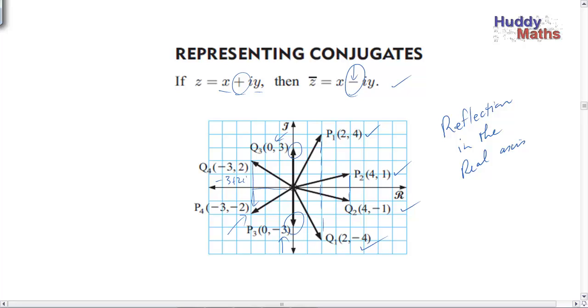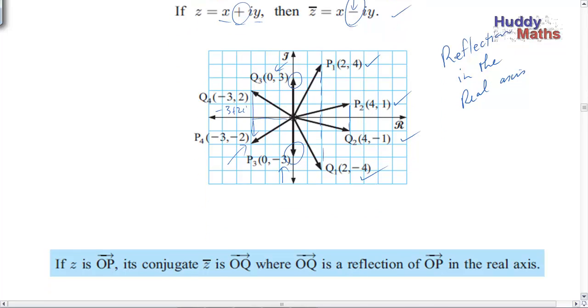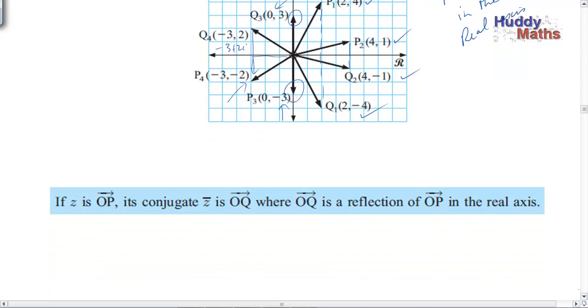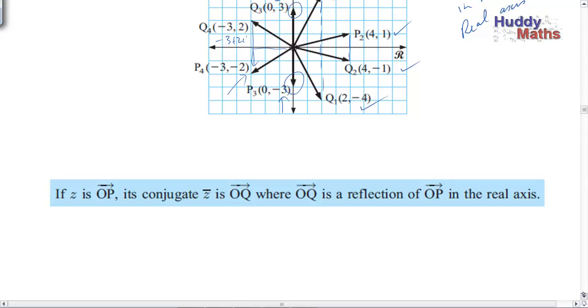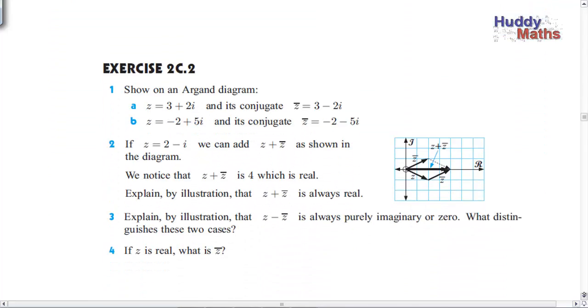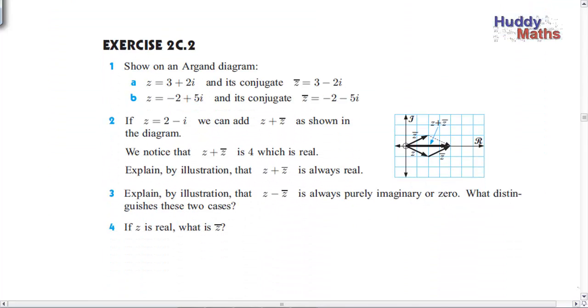So just think about that. You can see why that would be the case. Let's come down and use it now. There it is. If z is OP, its conjugate is OQ, where OQ is a reflection in the real axis. So you might take some notes of these things that we put down here, just as little prompts to remind you later on. All right, let's come down and do some Argand diagram work.